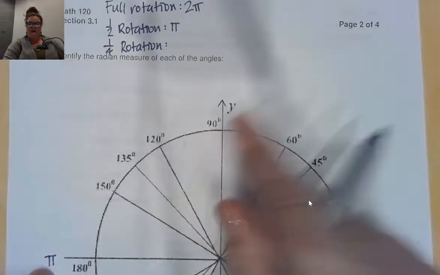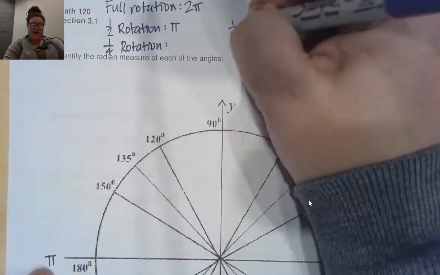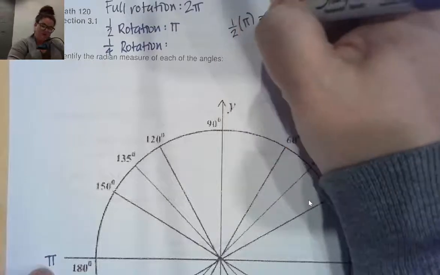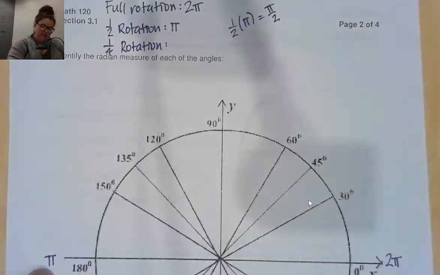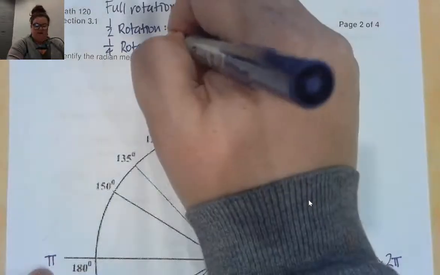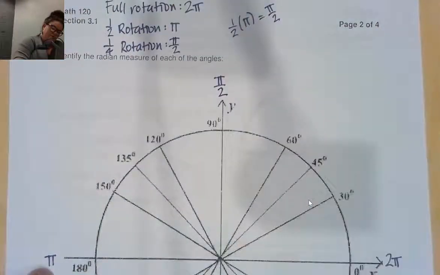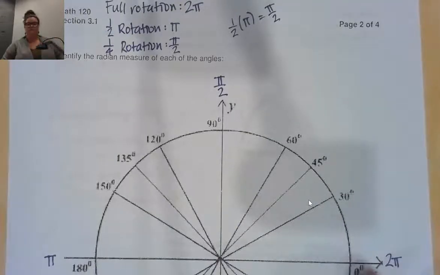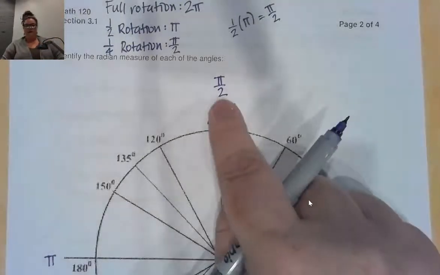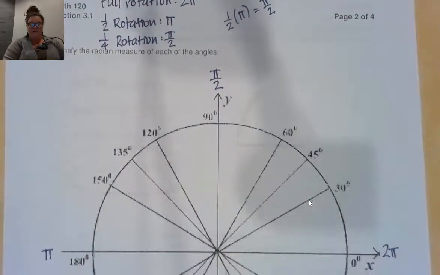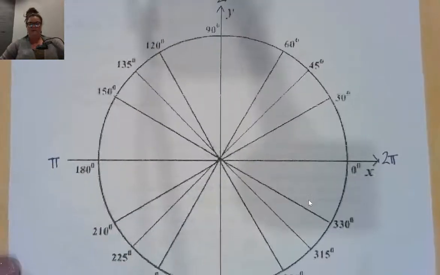If I want to only go to 90 degrees, half of pi, we could write it as 1/2 of pi, or just pi over 2. So a quarter rotation is pi over 2. I'm going to put that up here, pi over 2. Every time we go a quarter rotation, we're basically adding a pi over 2.